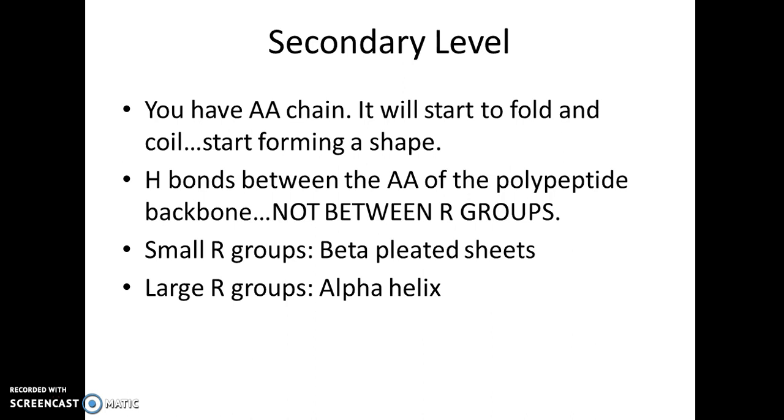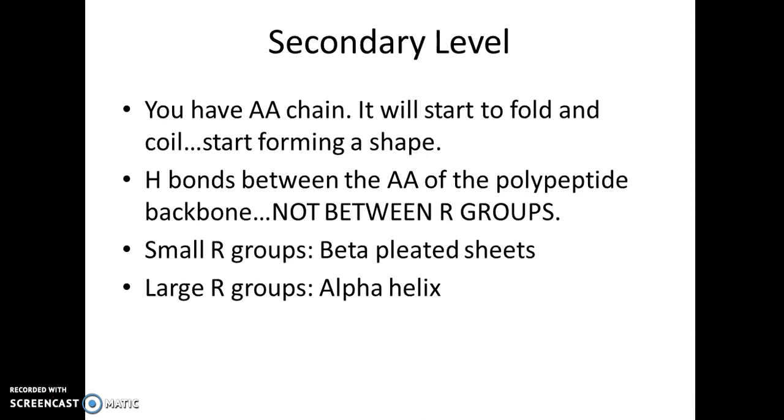And as we coil or fold it back and forth, we are going to start giving it a 3-dimensional shape. How do we get these foldings and coilings? Through hydrogen bonds between the amino acids of the polypeptide backbone, not between the R groups, but between the amino acids of the polypeptide backbone.